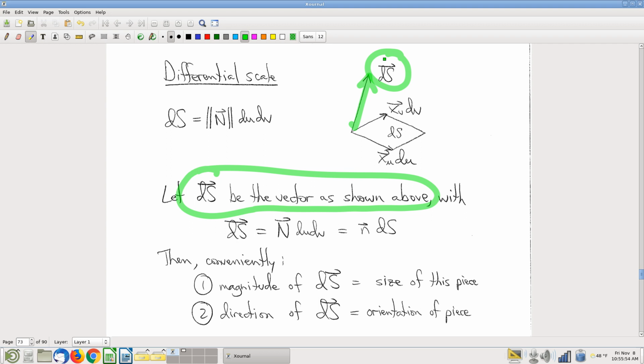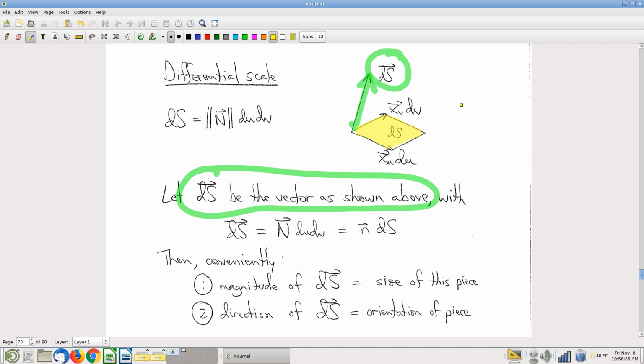Well, likewise, the ds vector here is everything you might want to know about this piece of surface. The magnitude of ds is the area of the piece of surface that we're talking about. How do I know its magnitude is that? Well, because the magnitude of ds is the magnitude of little n ds. Little n's magnitude is 1, so the magnitude is ds, which is what we wanted it to be.